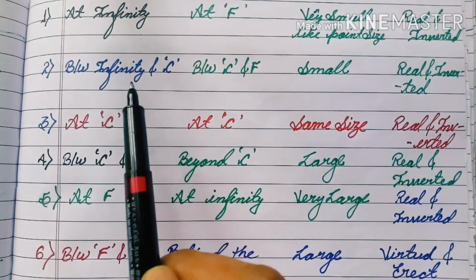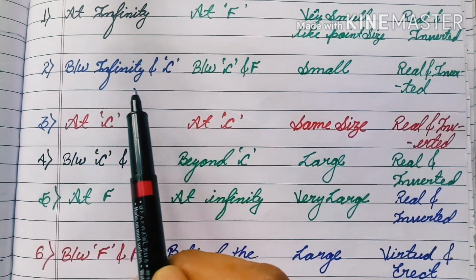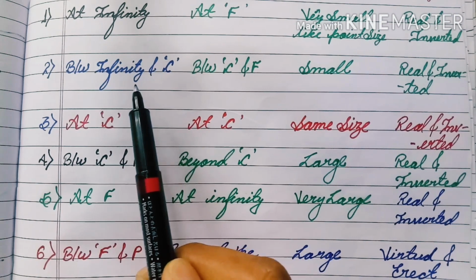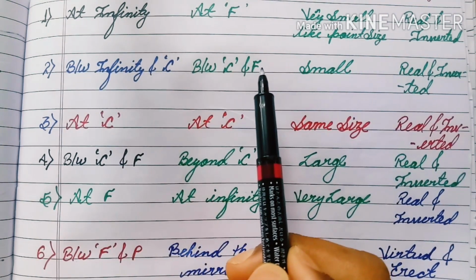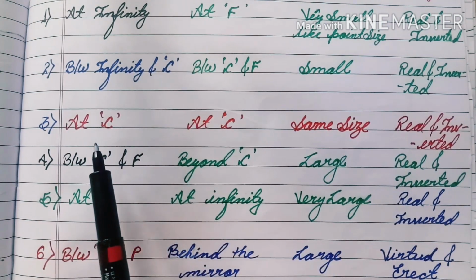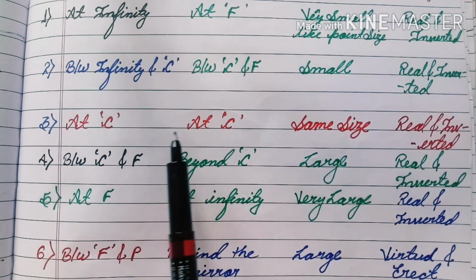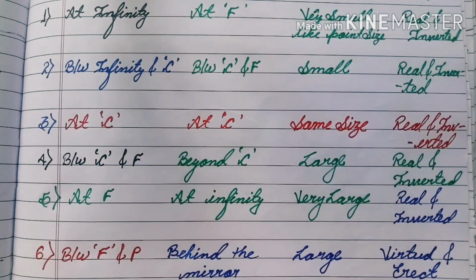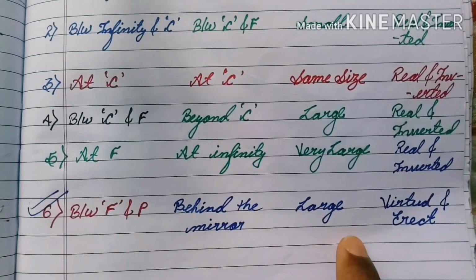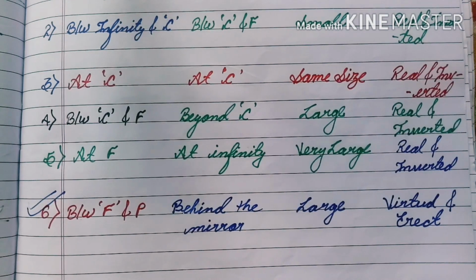When we put the object between infinity and center of curvature, the image is formed between center of curvature and focus. And when we put the object at the center of curvature, the image is also formed at center of curvature. So students, this is a very important case of the concave mirror.